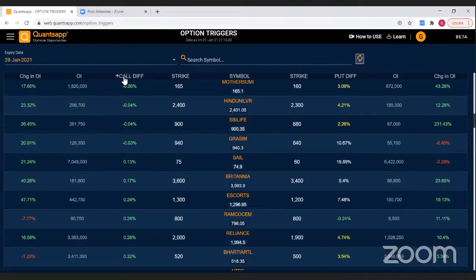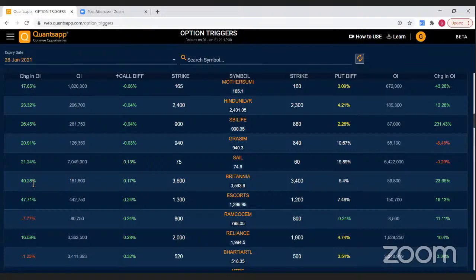I'm looking from the call side, so at this strike the call OI has increased by 40%, actually 40.28. This tells me to keep a watch here, because the writers don't want the stock to go further from here. So I can see there's a more increase on the call side.